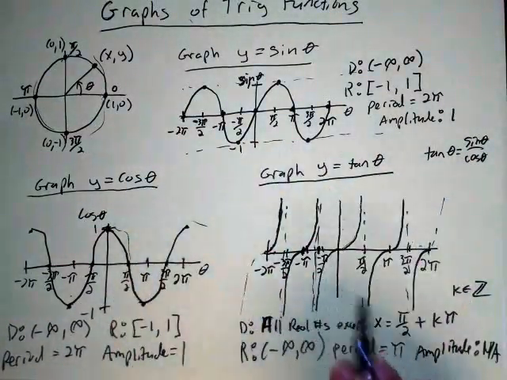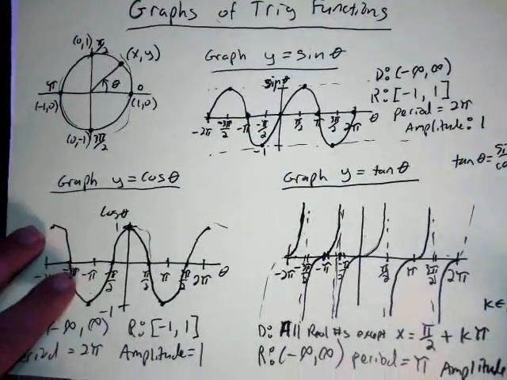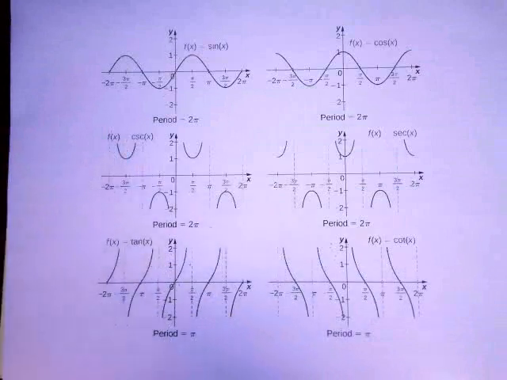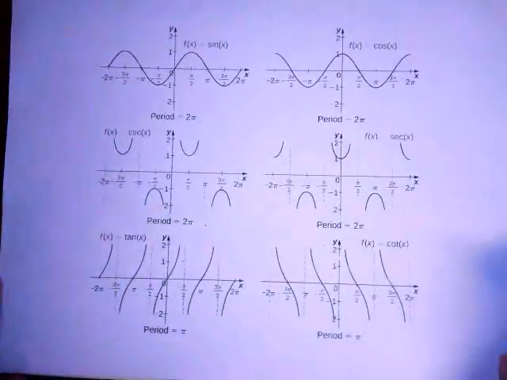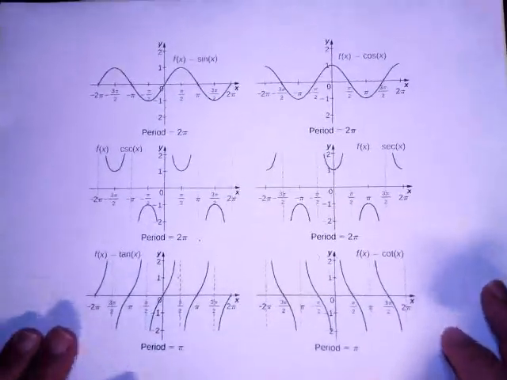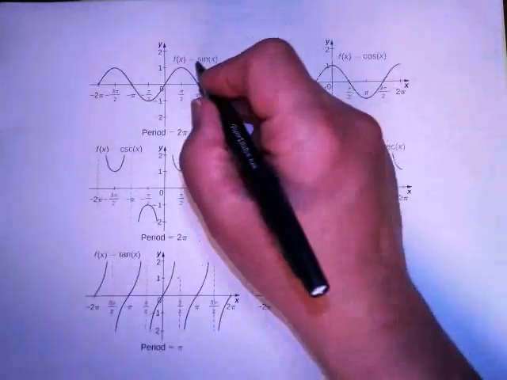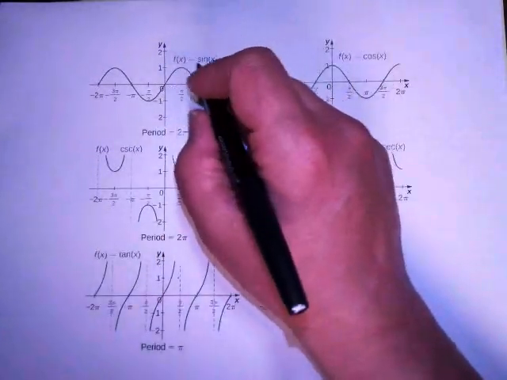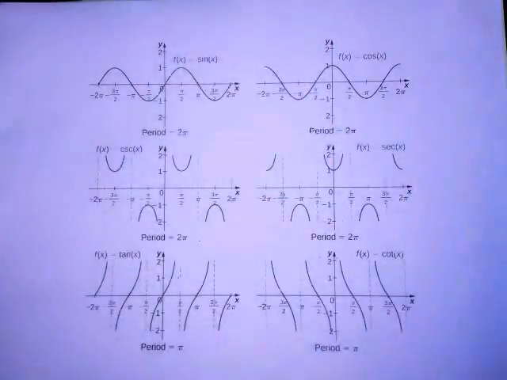That's sine, cosine, tangent. And what I did here is I printed this off to give you all six graphs. And this is sine and cosine. Notice also, normally we're going to write this as y equals sine of x, not sine of theta.